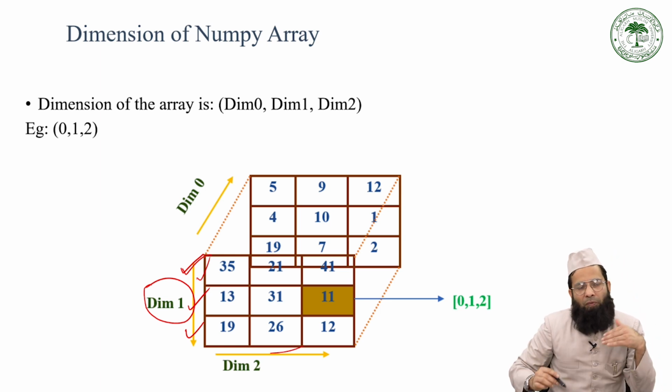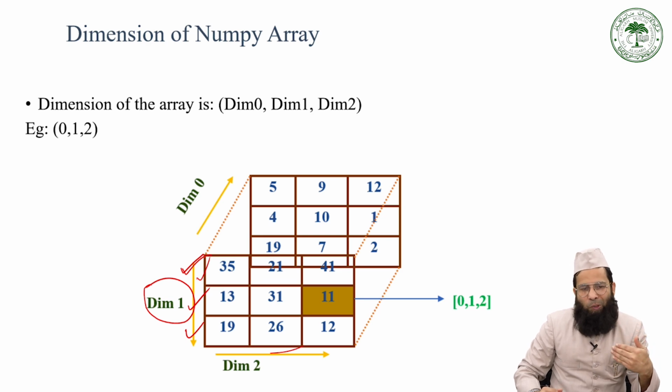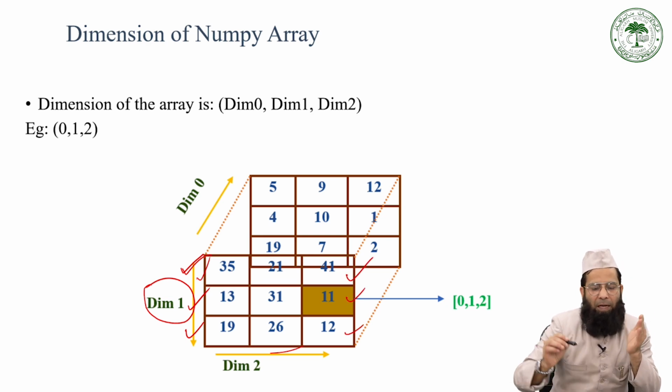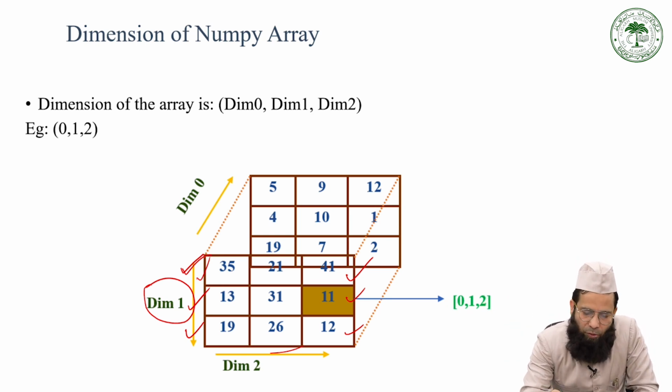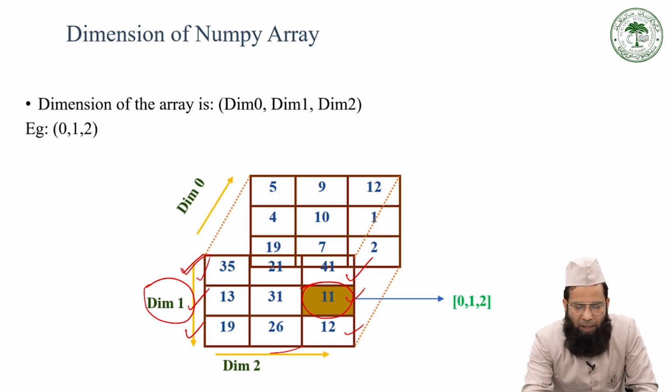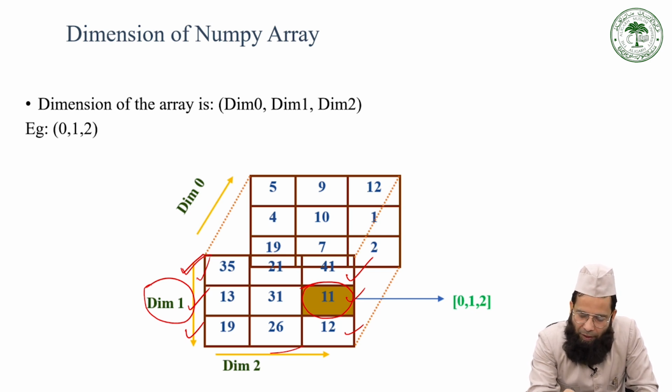So dimension 0 is for 2D arrays. Dimension 1 is for rows of the individual arrays, like in this case. And dimension 2 is for columns, right? Like in this case, if I need to fetch this particular value, as far as dimension 0 is concerned, I would write 0, since this is the very first 2D array. And if I need to find the row, in this case the row would be 1, right?